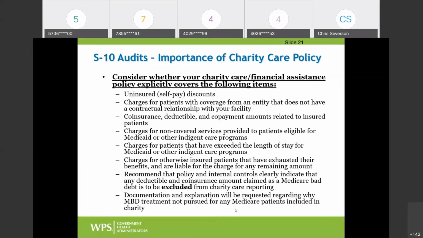They didn't write it off as a bad debt at all. And in those limited situations, that could potentially be allowable as charity care. But it is such a high-risk item that we're going to be asking questions on that. We'll look for documentation on why you didn't write that off as a Medicare bad debt. So just be aware of that. Not saying it's not allowable, but it has a higher bar for evidence than most of the other charity care.